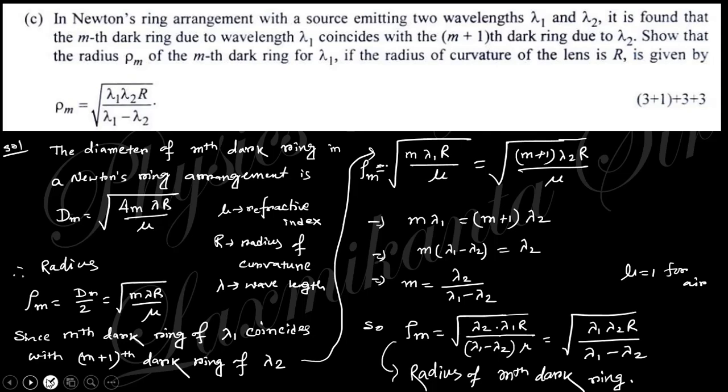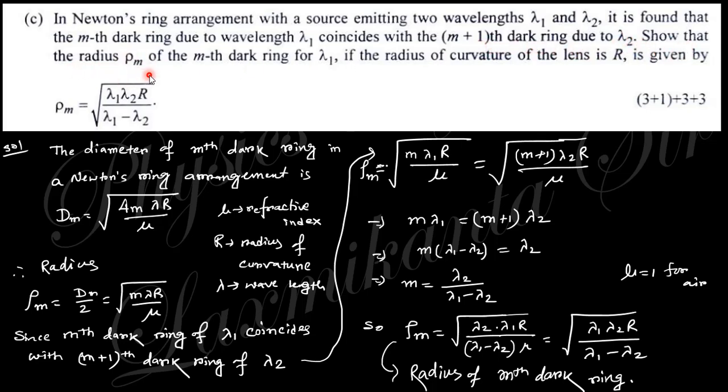Next question says, in Newton's ring arrangement with a source emitting two wavelengths lambda 1 and lambda 2, it is found that the mth dark ring due to wavelength lambda 1 coincides with the (m plus 1)th dark ring due to lambda 2.